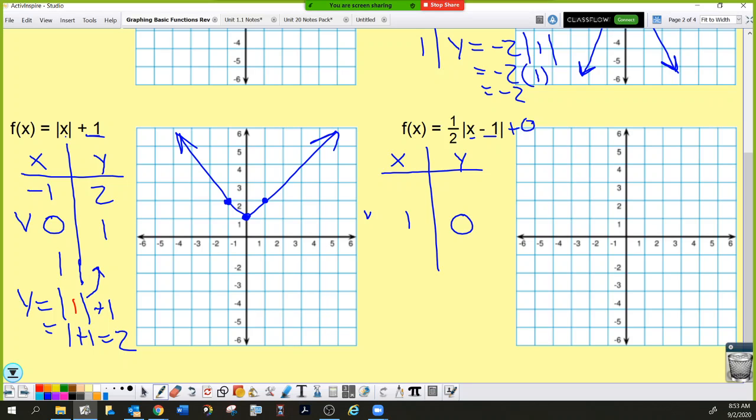But there's not, so it's automatically a 0. So let's see if I can plot this one correctly. This one is at 1 comma 0, which is here. There. Now, I don't know about you, but I don't like to have to plot decimals.